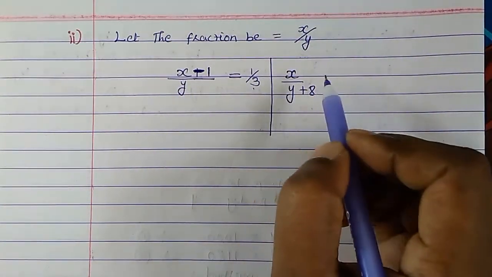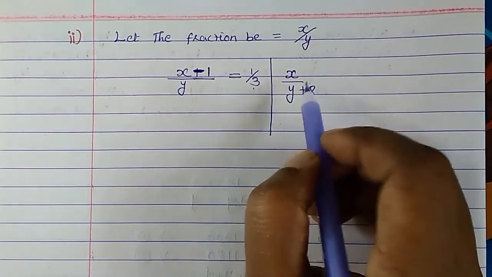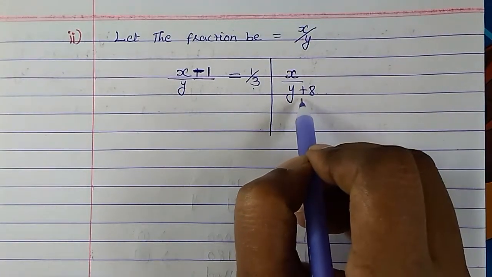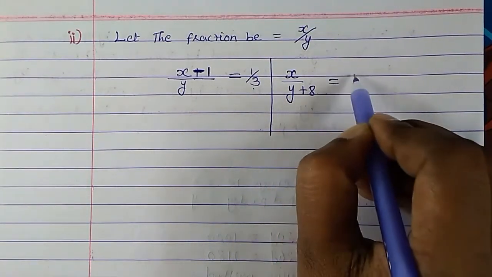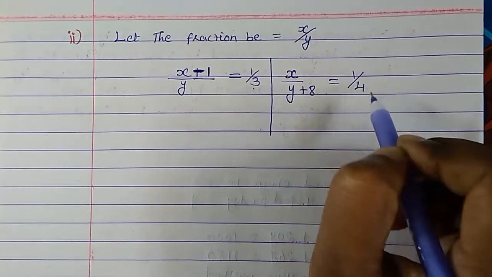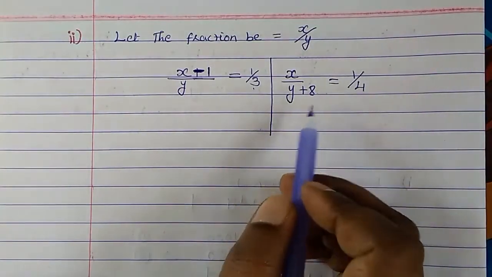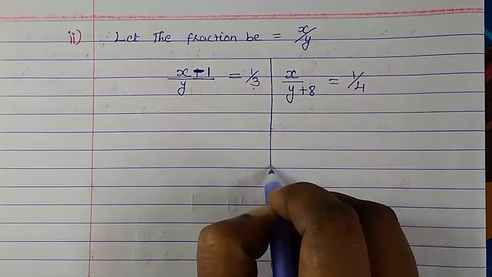And the second statement was, if 8 is added to the denominator, then it becomes 1 upon 4. So now from here we will make the proper equations.